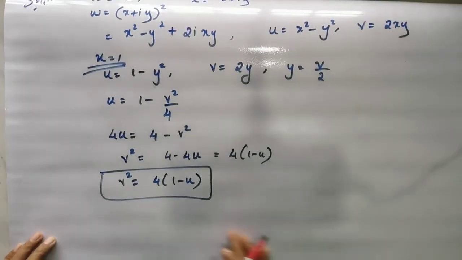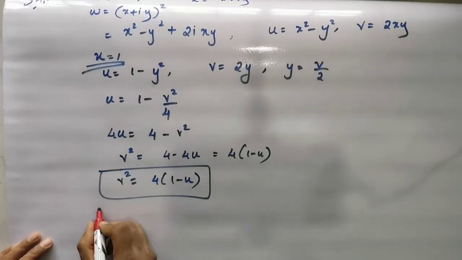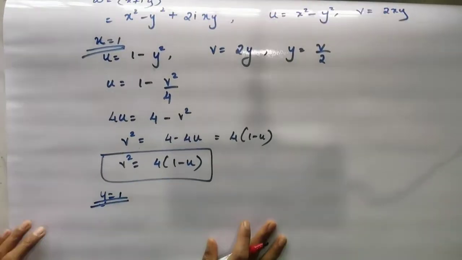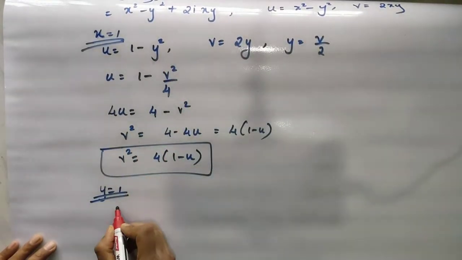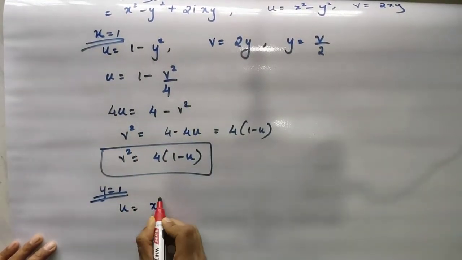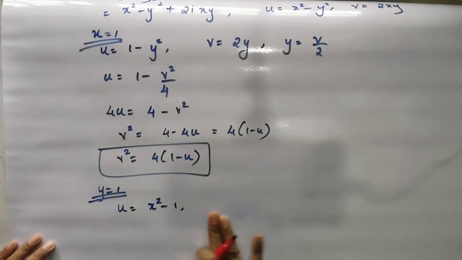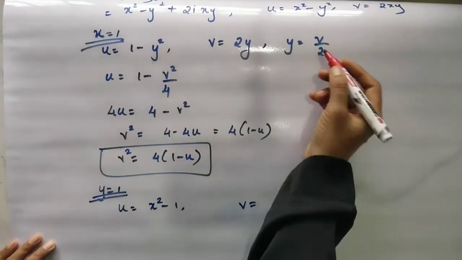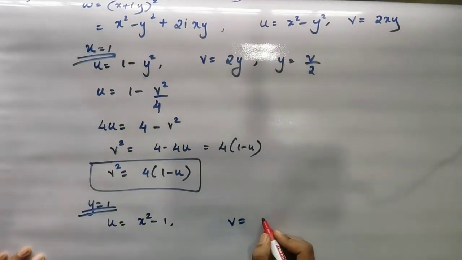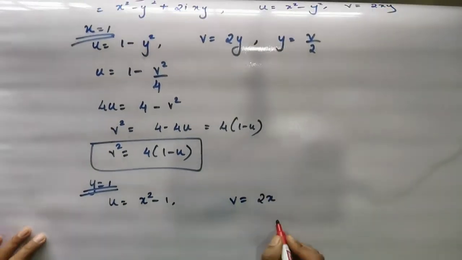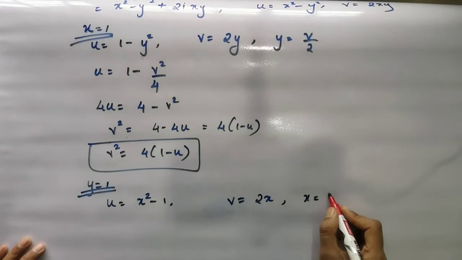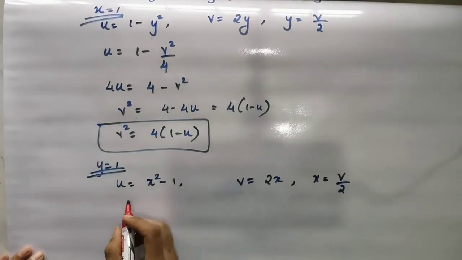Now let's work for y equal to 1. For y equal to 1, u becomes x square minus 1, and what's going to happen to v when y is equal to 1? It will be 2x. So x is v by 2, so let's substitute that.